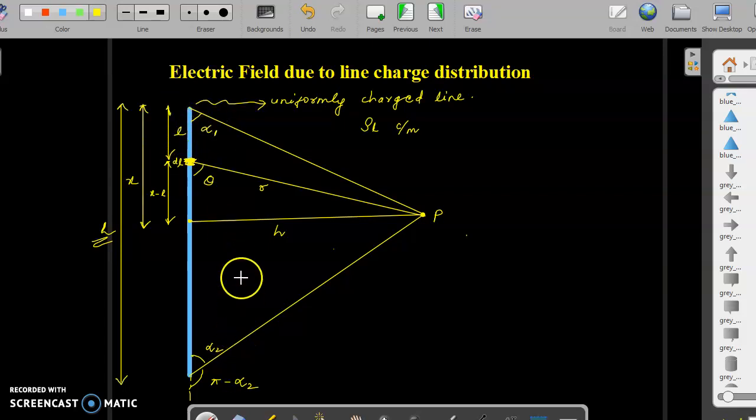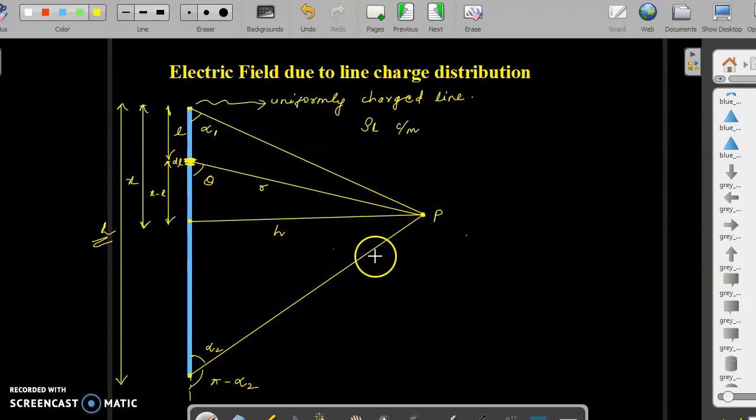The alpha 1 and alpha 2 are the angles intercepted by the end segments with respect to the line joining to the point P. Similarly, alpha 2 is the angle intercepted by the segment at the extreme end of the uniformly charged line, with respect to the line connecting to the point P.